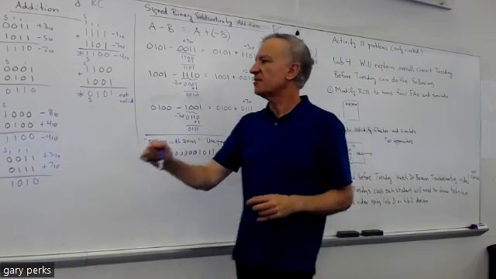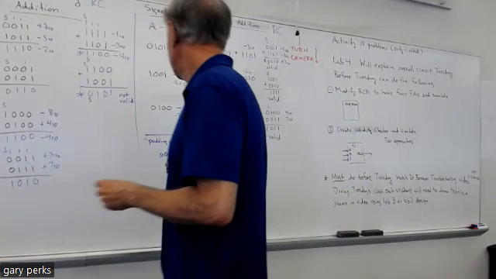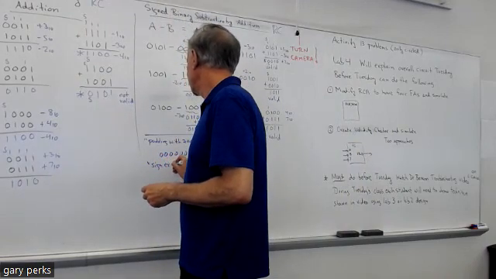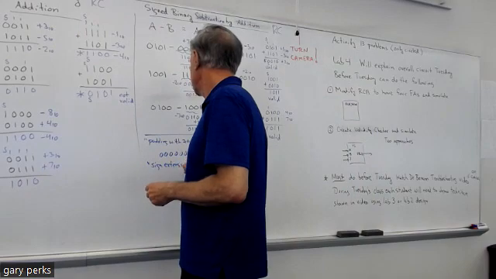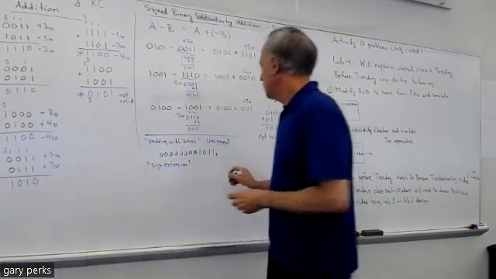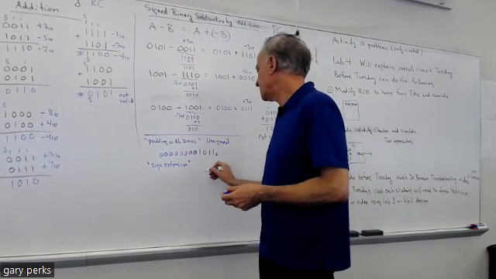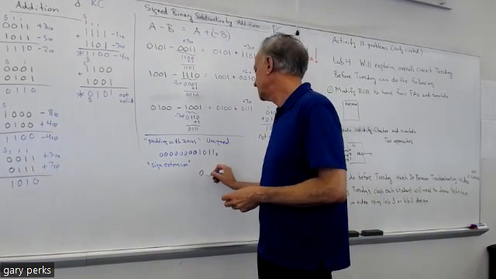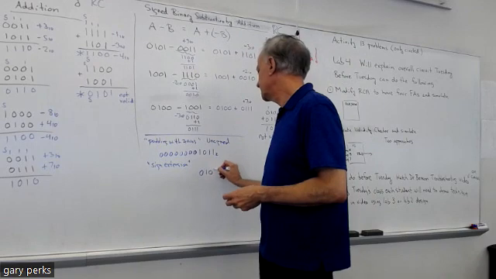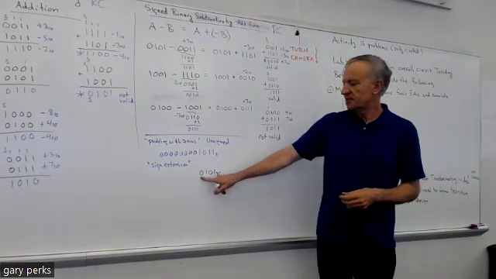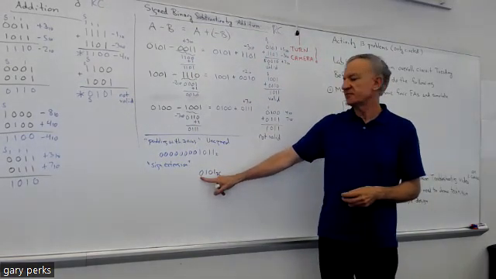All right, now let's talk about sign extension. So let's say I have a 2's complement number that's positive, like something like this. Doesn't really matter what the number is, but it's positive. This most significant bit tells me it's positive.